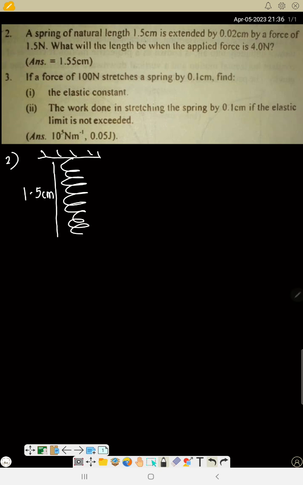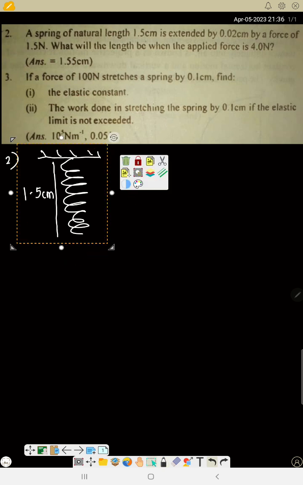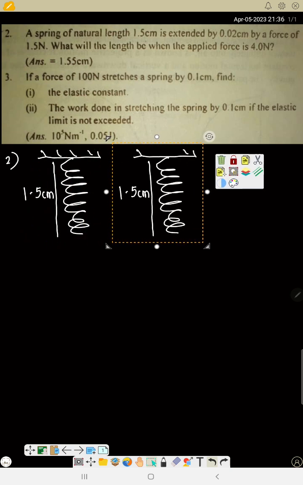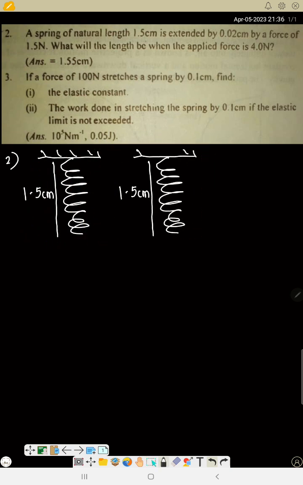So if this length is extended, like if you apply a load, it will extend by 0.02. So let's say from there to there.